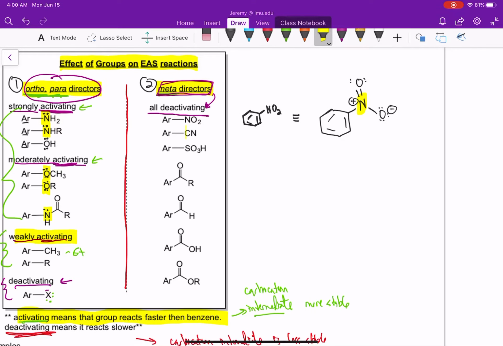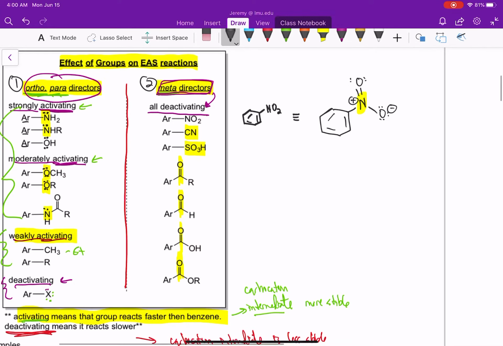So here we have a nitrile, a CN, SO3H. Any carbonyl groups are all meta-directors. So in this example, we have benzene rings, and the atom that's directly attached to it, either an N or a C, is going to have some sort of double bond.